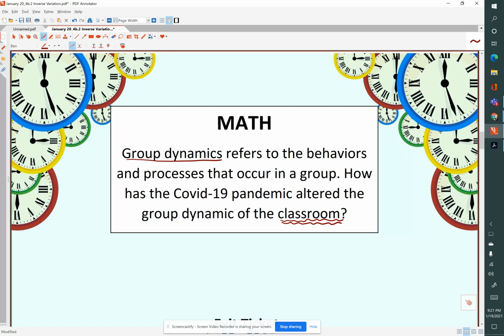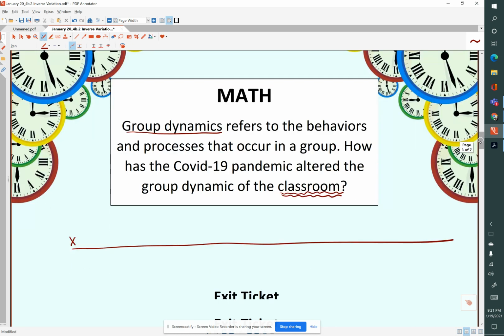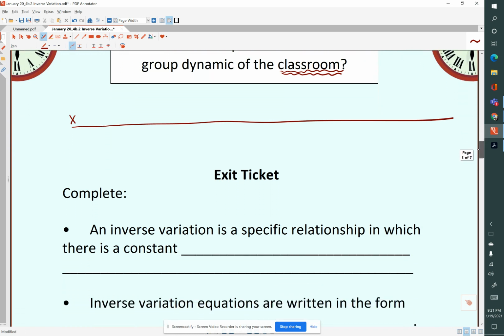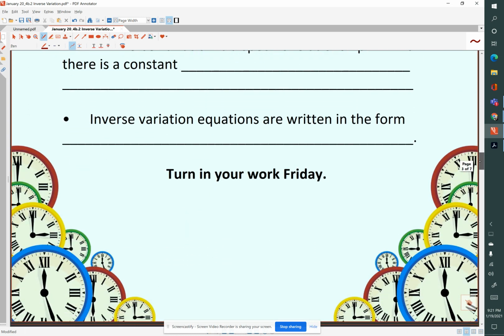But what about the group dynamic? What about working together or learning from each other or just getting to know each other? How has that changed in the group in the COVID-19 pandemic? And I encourage you to write a couple of thoughts just below that do now. And please do that. We'll get back to our exit ticket in a minute.